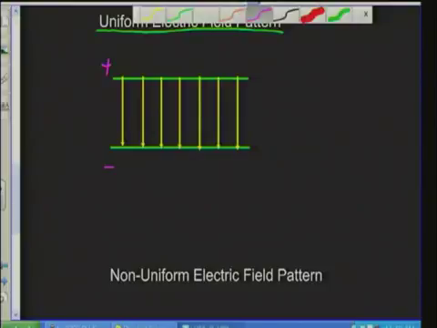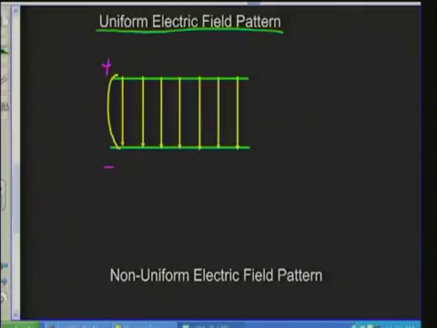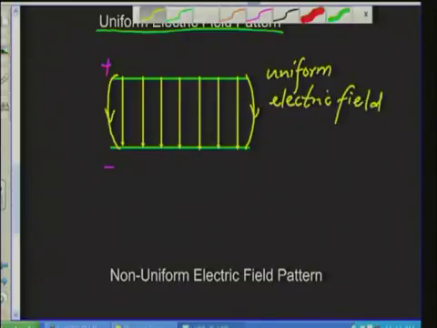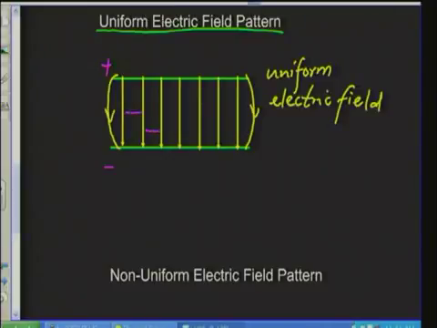Now at the end here I would have the ones that are bulging out like that. Now I need to explain here. This is a uniform electric field. This distance here has to be the same to show that we have got a uniform electric field.